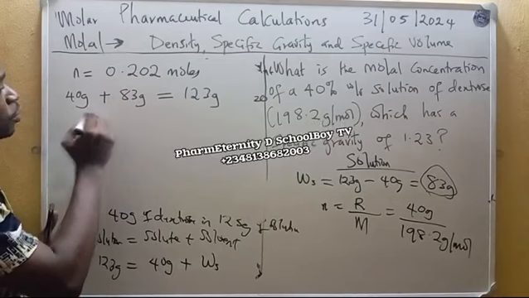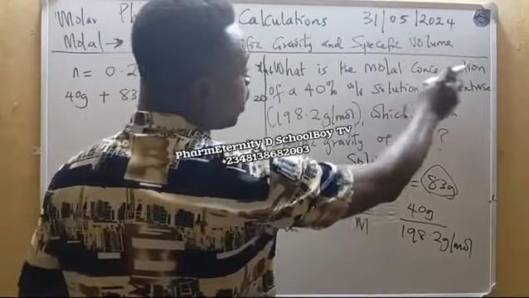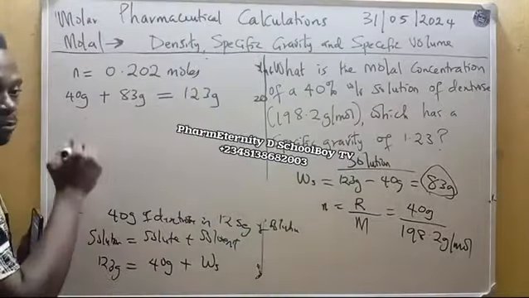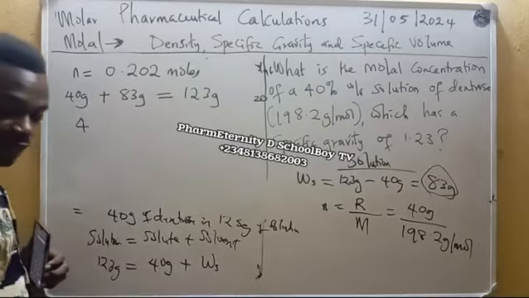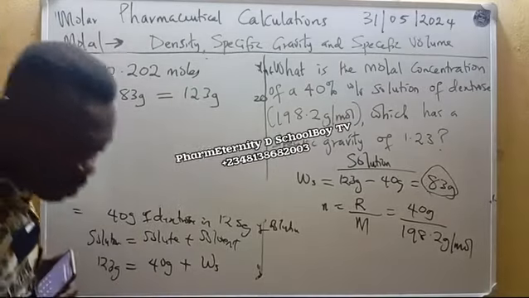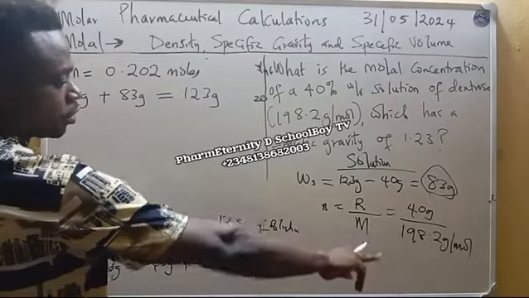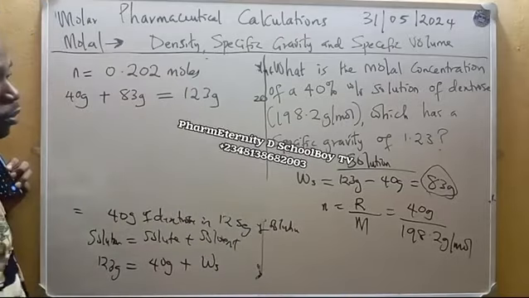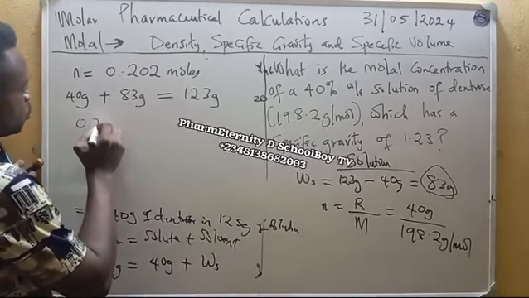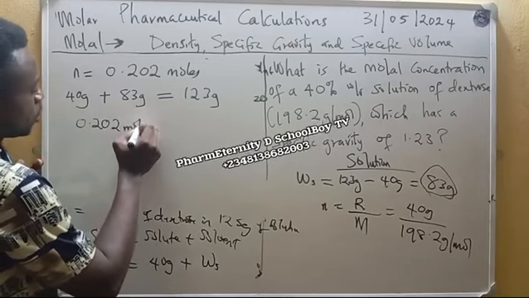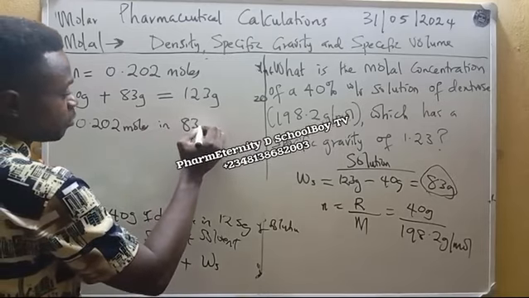Therefore, remember what we are told to find: the molar concentration in 1 kilogram. Moving this to number of moles, we have that 0.202 moles of dextrose was dissolved in 83 grams of what?